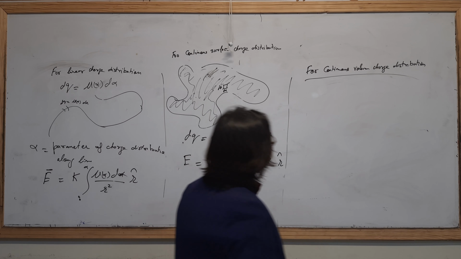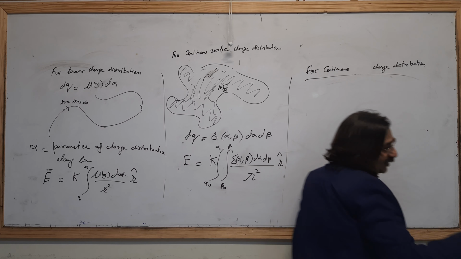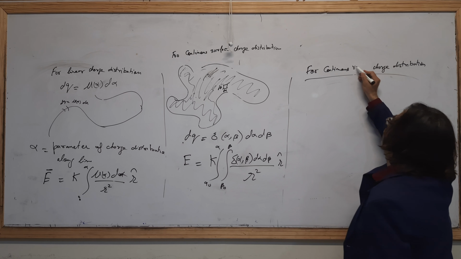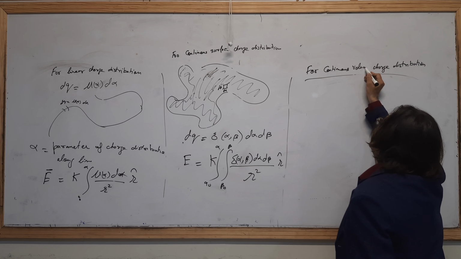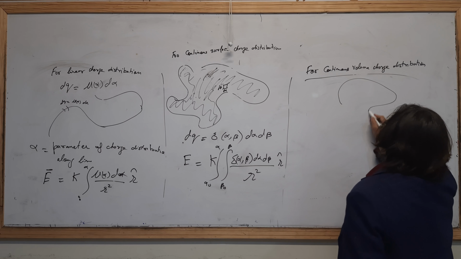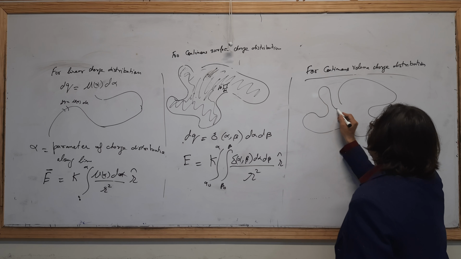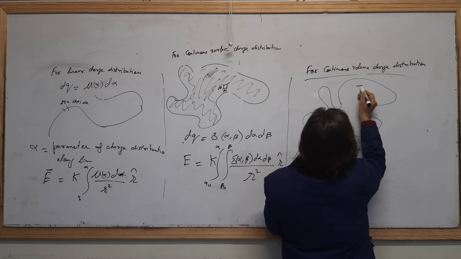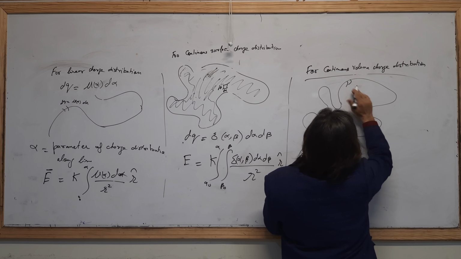For continuous volume, everything is discussed in the Coulomb law. For volume charge distribution, this is looking like a plane, but actually it is three dimensional.